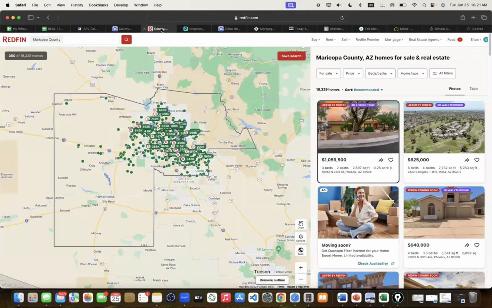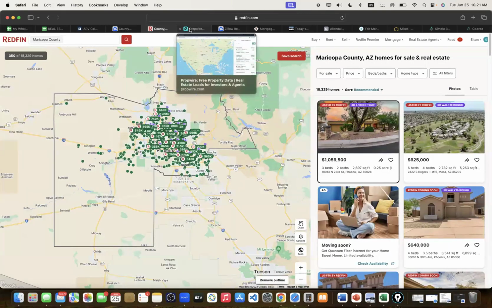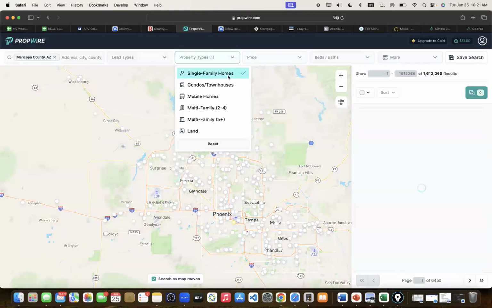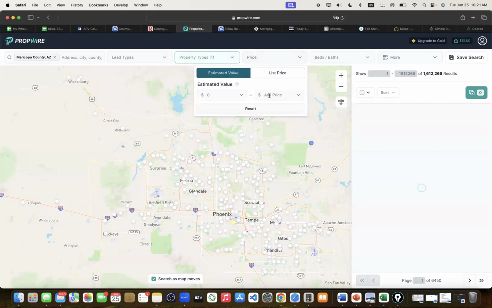I can set those filters for Redfin, the same filters that we did on Zillow, and also set them up over here for PropWire, which again, is a free subscription-based platform. So $302,000 estimated value. Yeah, we'll go with $302,000.